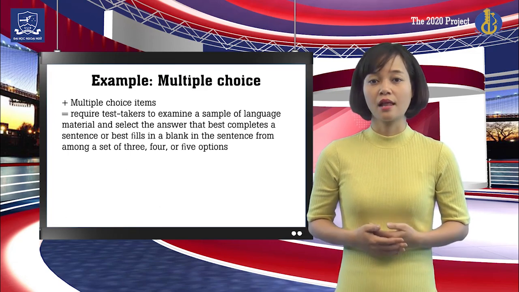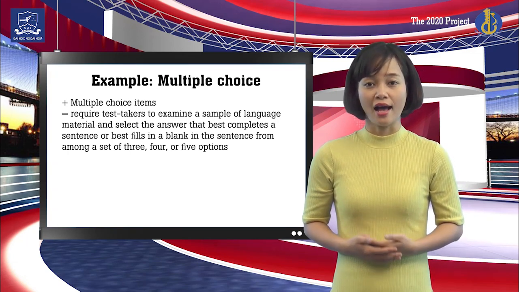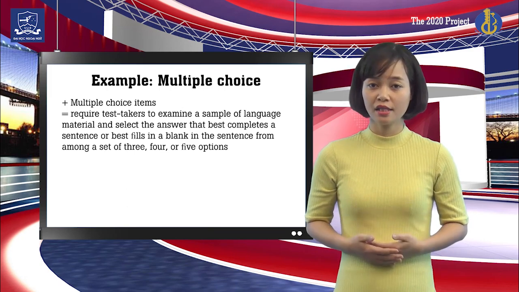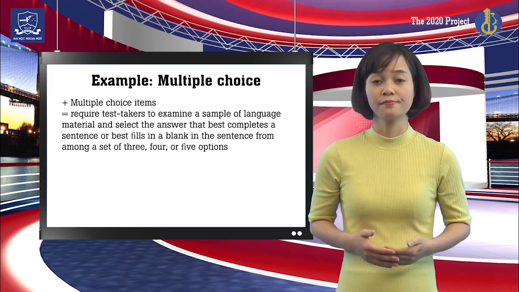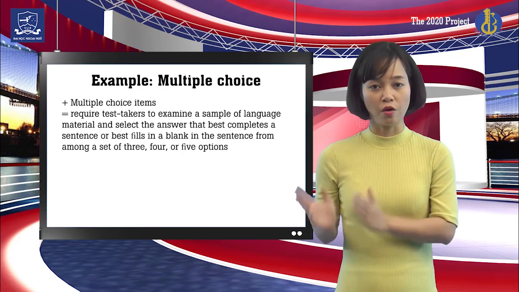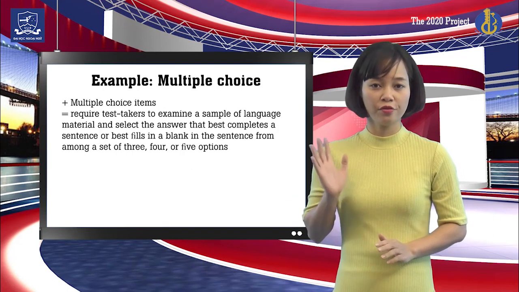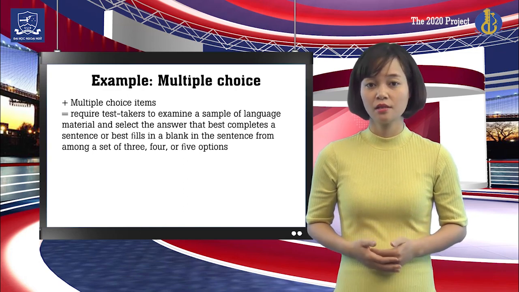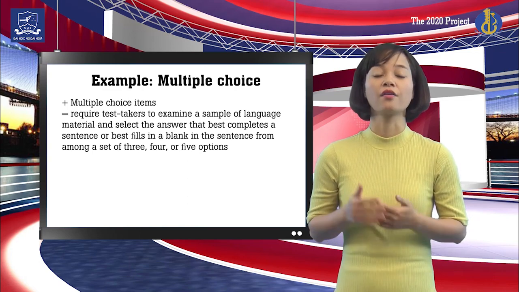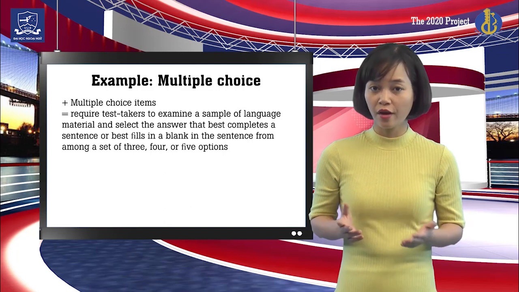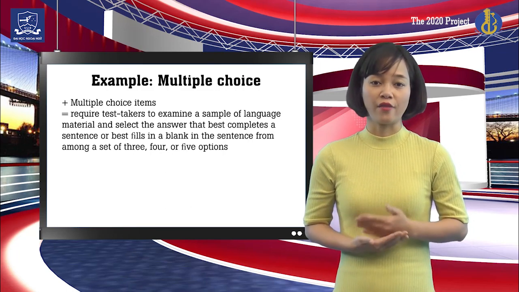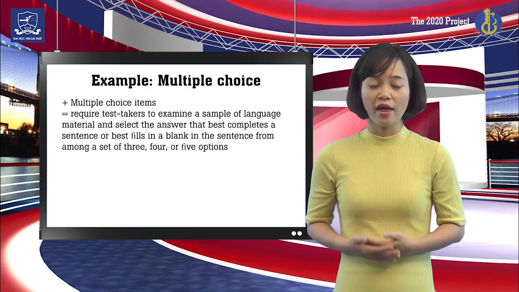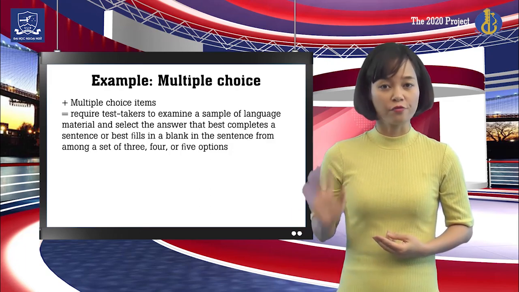Multiple-choice assessment, like matching assessment, has the advantage of a relatively small guessing factor, whereas true-false assessment has a 50% guessing factor. Multiple-choice assessment typically has a 33%, 25%, or 20% guessing factor, depending on whether there are 3, 4, or 5 options.